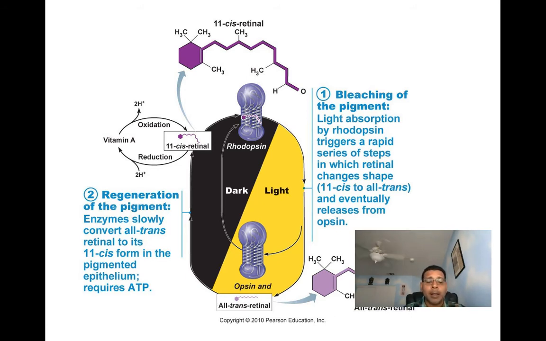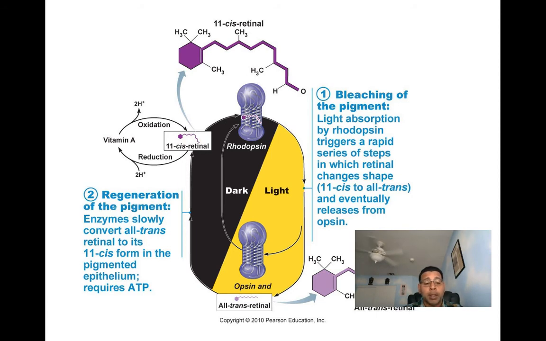So let's look at these events closely now. Phototransduction is the process by which light energy is converted into a graded receptor potential, and it begins when a visual pigment captures light.